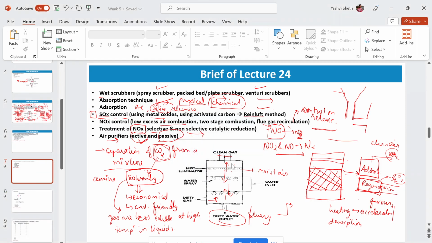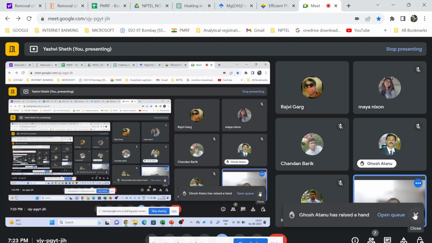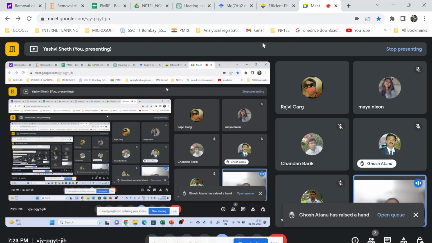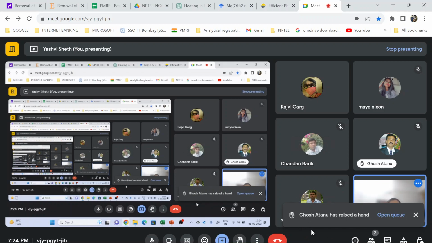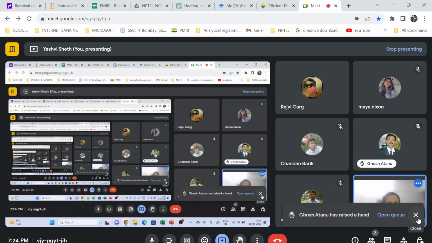Can you tell me what is the function of a ball mill? It is basically used for size reduction. Correct. A ball mill is a size reduction equipment, used for crushing the particles. Someone has raised a hand.